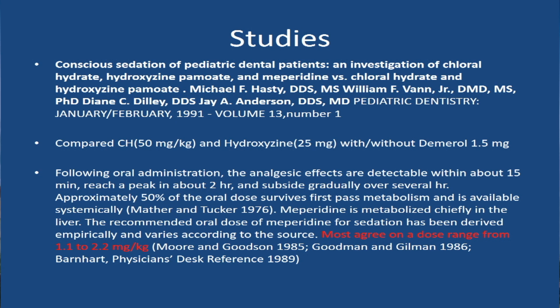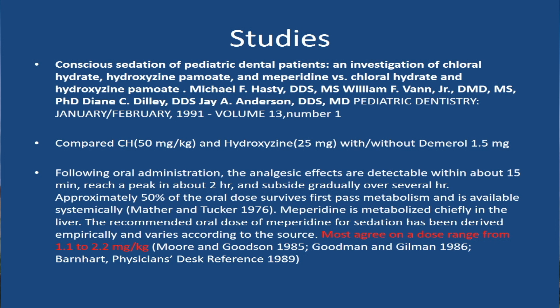Approximately 50% of the oral dose survives first-pass metabolism and is available systemically. Meperidine is metabolized chiefly in the liver, and it's important that no liver issues are present. The recommended oral dose of meperidine for sedation has been derived empirically, and varies according to the source.